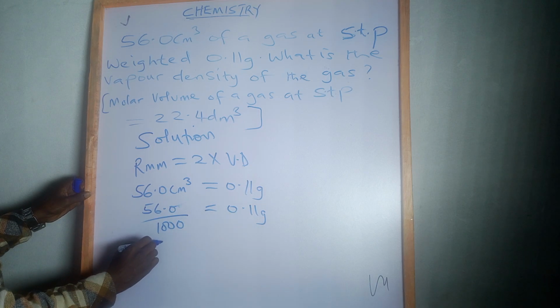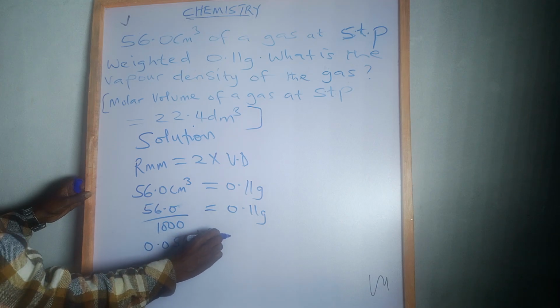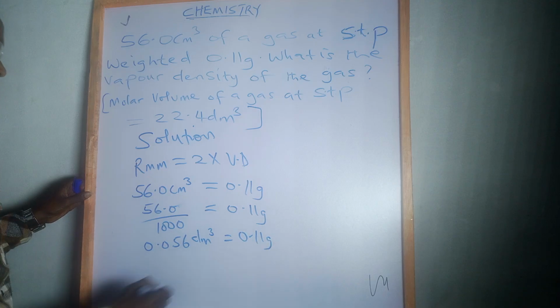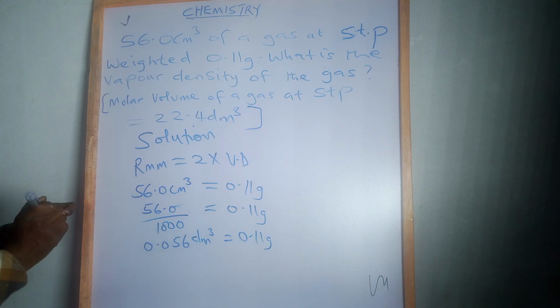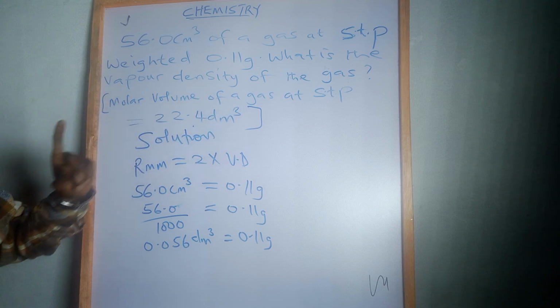50.0 divided by 1000, so it's equal to 0.11 gram. Here we have 0.05 dm cube is equal to 0.11 gram. But remember, we are saying that 1 mole of any gas at STP occupies 22.4 dm cube.